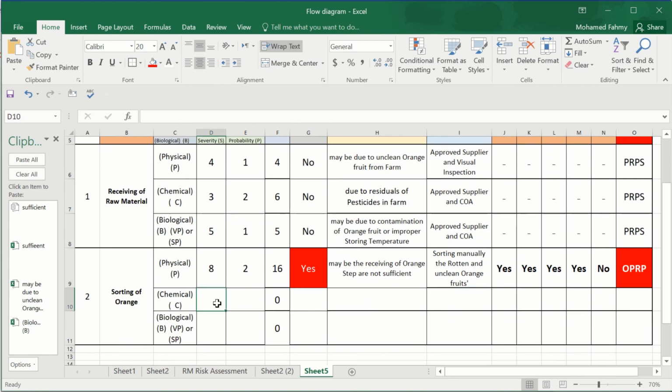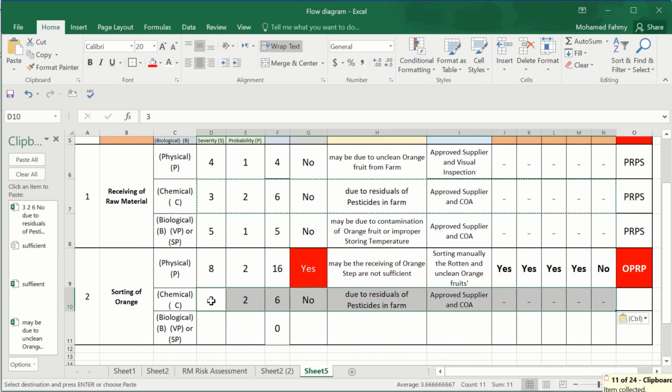So the chemical hazard, we can mention it as this. It will be low severity and low probability, and the control of the sorting of orange may also be the approved supplier and COO, but here we are saying there is no need for the decision tree because it is not significant.